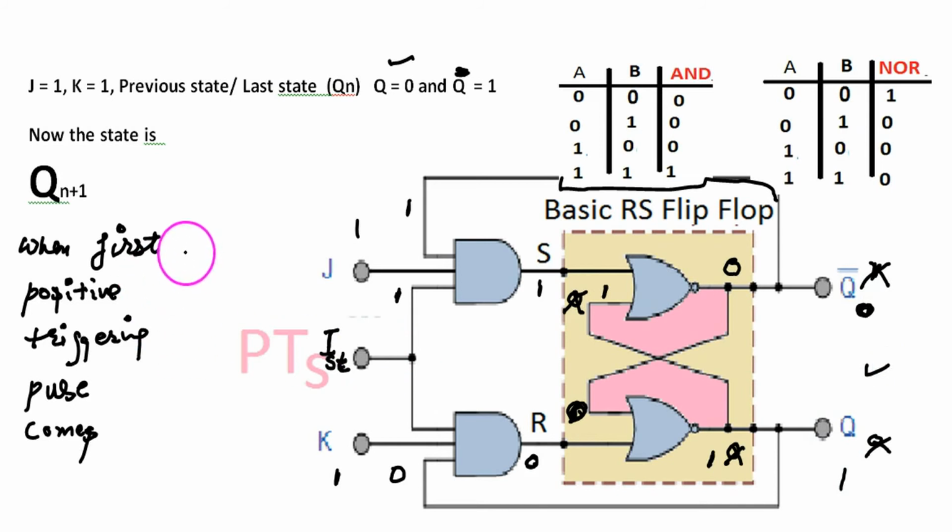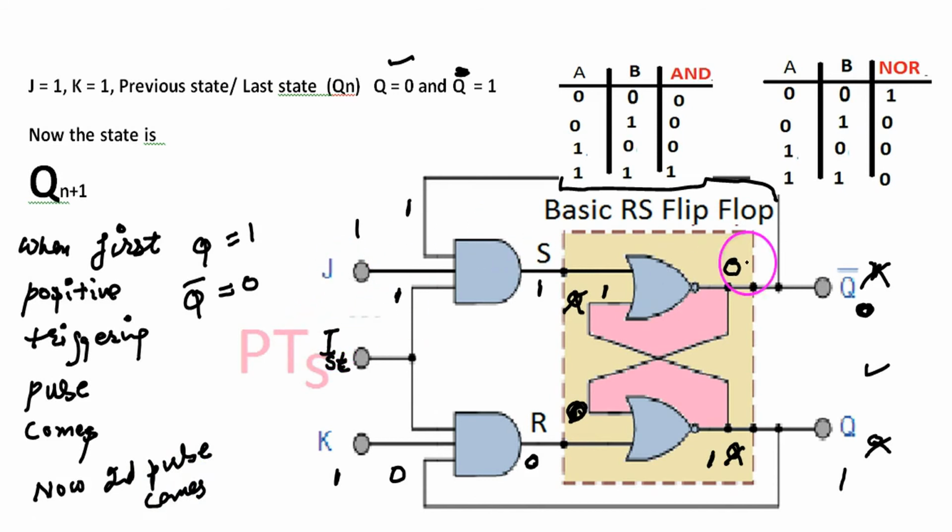So what was the previous state? It is toggled. Now it alters, now it changes. Okay, the previous state alters. Now the second triggering pulse comes. What happens? Now comes the second pulse. So 0 is here, 1 comes here, and this AND gate gives 0 and the other AND gate gives 1, and 0 at here, this 0 comes here, so the output is 0.